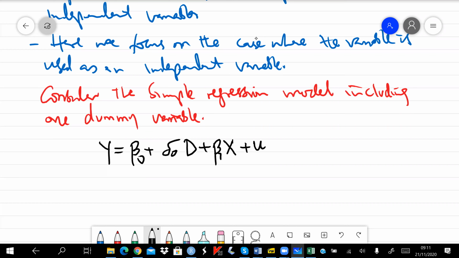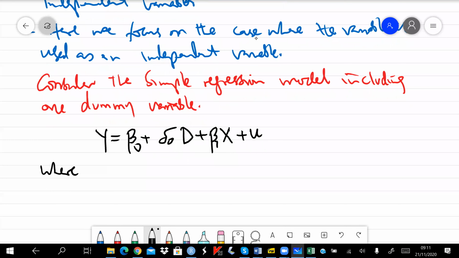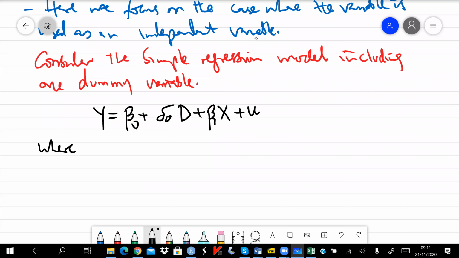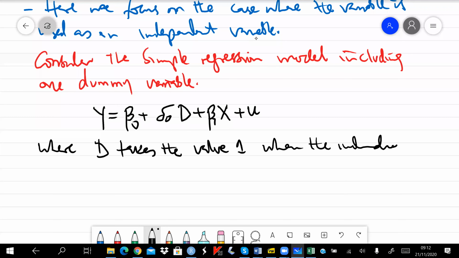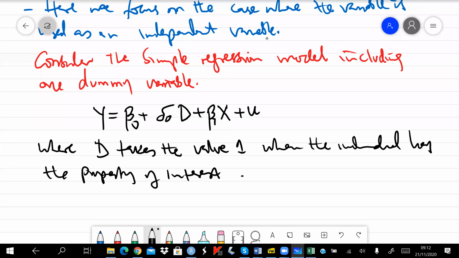So let's consider that model where D takes the value 1 when the individual has the property of interest, and 0 otherwise.